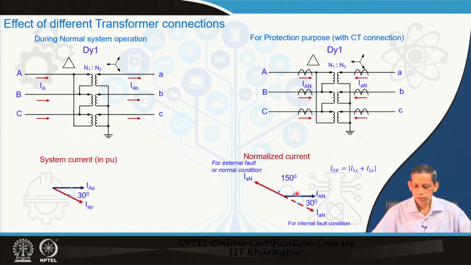Therefore, the low voltage side makes an angle of 150 degree to the high voltage side, for any normal loading condition or external fault. But for internal fault, it will again be making 30 degree. So, like the earlier case, this phase angle has to be compensated, so that the small i is aligned to the high voltage current phasors.